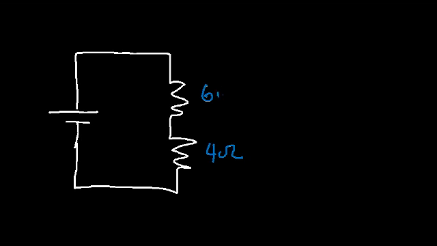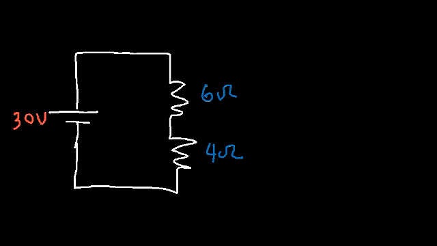Now let's solve a series circuit. So let's say if we have 2 resistors, and let's say the first one has a resistance of 4 ohms and the second one 6 ohms. Let's say we have a 30-volt battery.